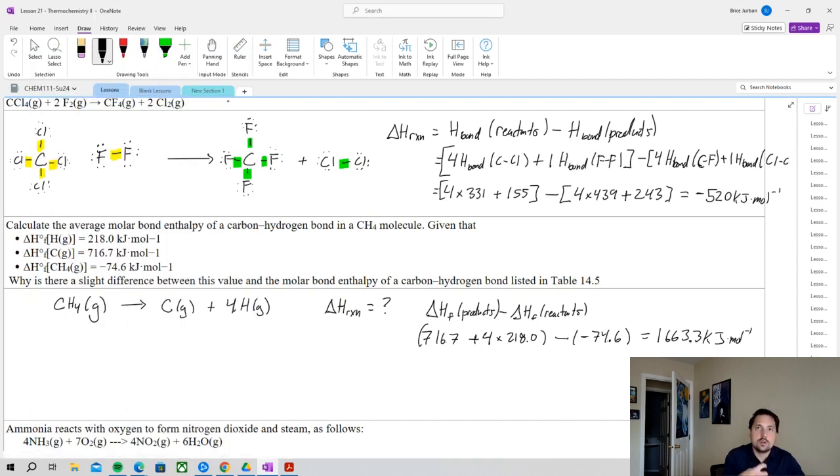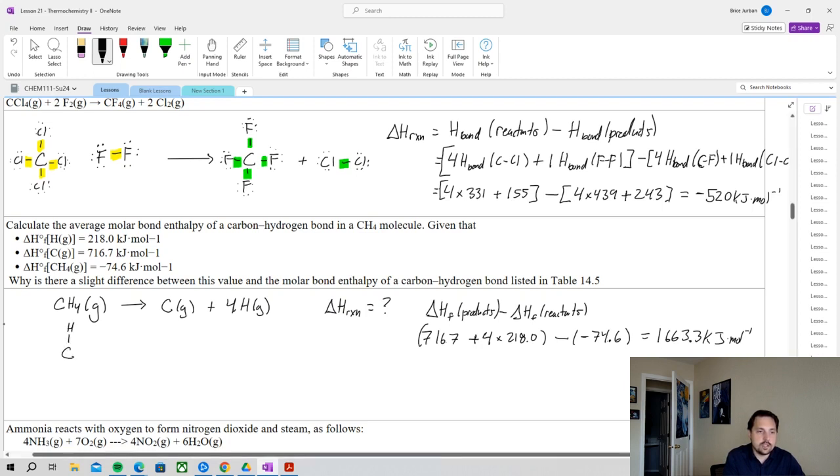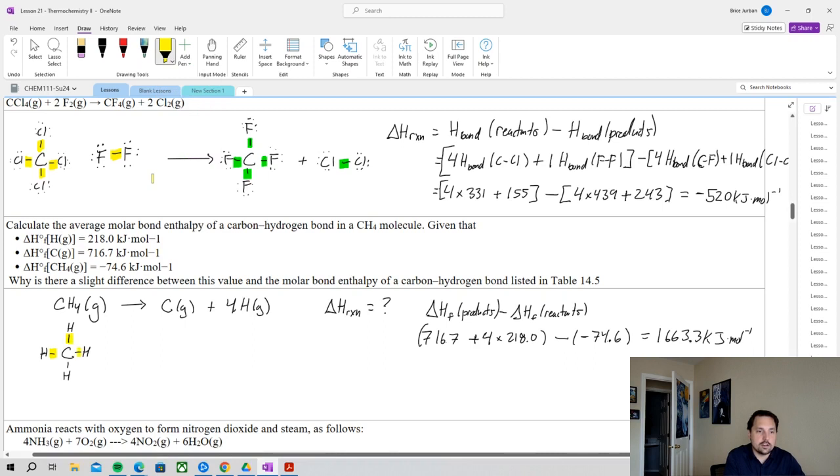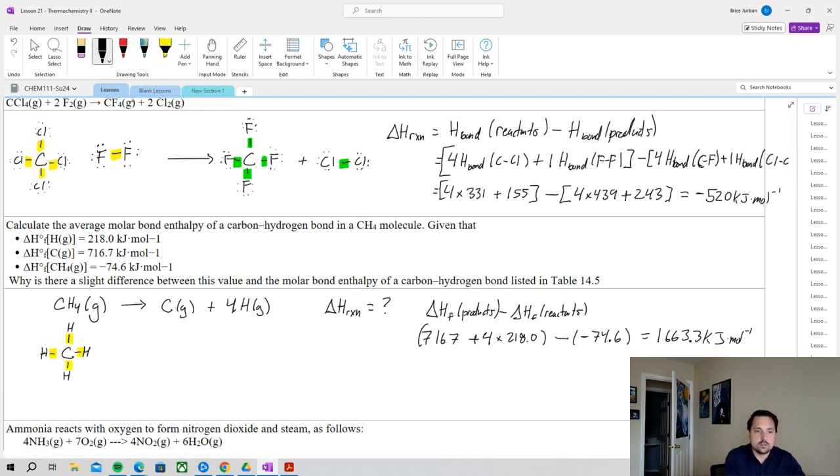Okay, so if we want to break apart methane into its carbon atom and hydrogen atoms, it's going to require a lot of energy, 1,663.3 kilojoules. Now, if we draw the methane molecule, we'll see that there are 4 bonds. So to break each of those bonds, we're going to require 1/4 of that energy.